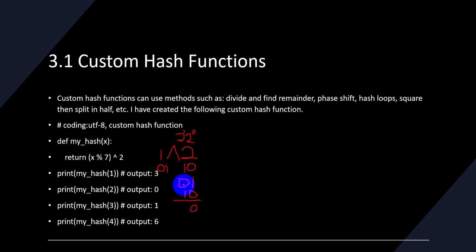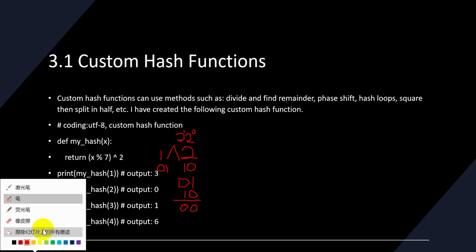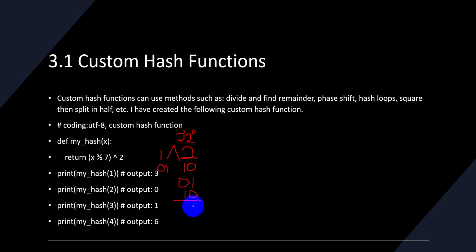In the next digit, they're also different, so we put 1, 1. And then we turn this binary number back into the decimal format. So this equals 2 to the power of 1 plus 2 to the power of 0, which equals 3 in decimal format. So the output is 3.